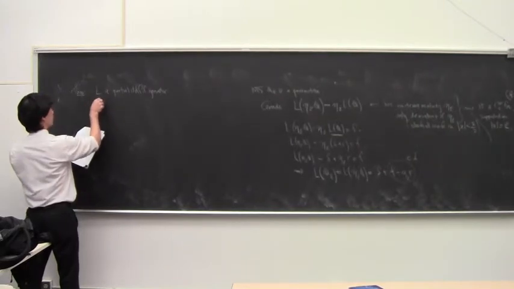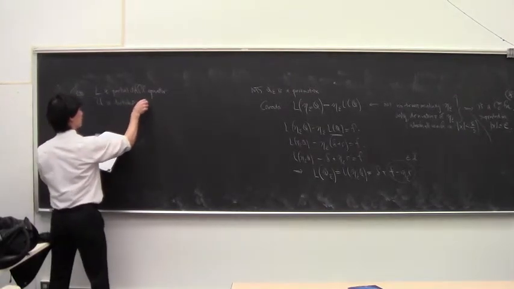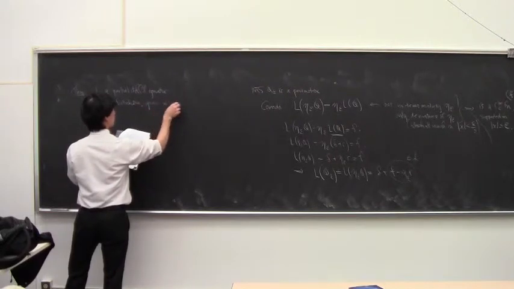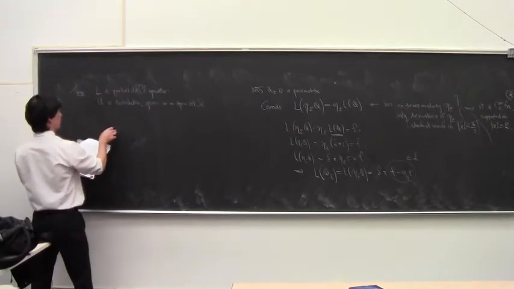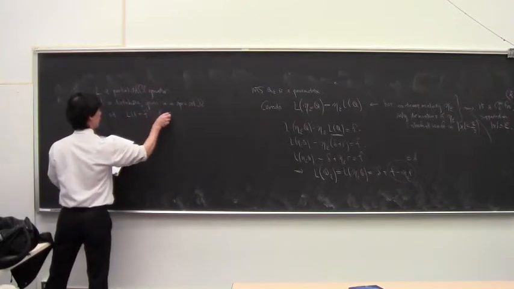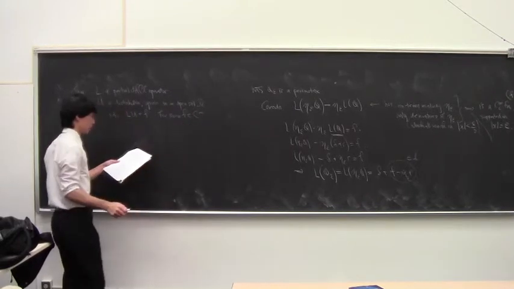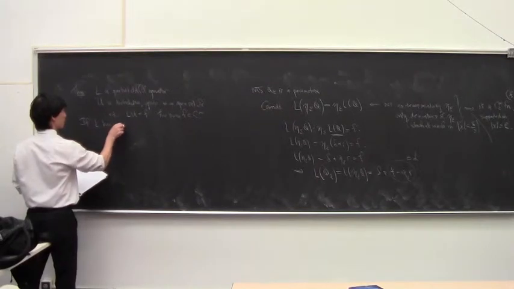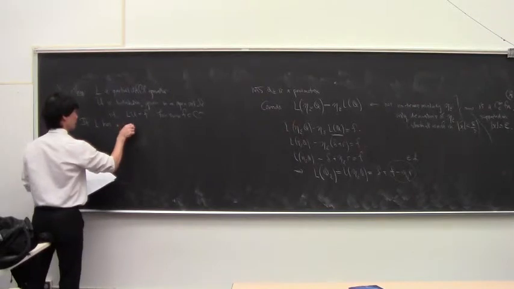Say that U is a distribution given on an open set omega, such that LU equals F for some C infinity function F. L has a regular parametrix.